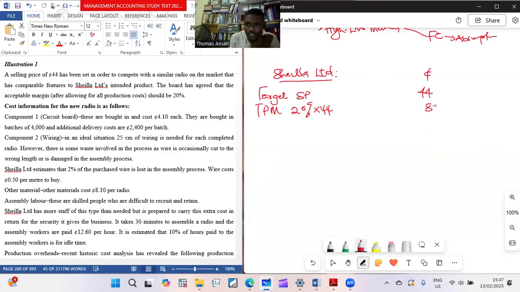So 8.8. That tells you that the target cost per unit is 44 minus 8.8, which is 35.2. That's the target cost.